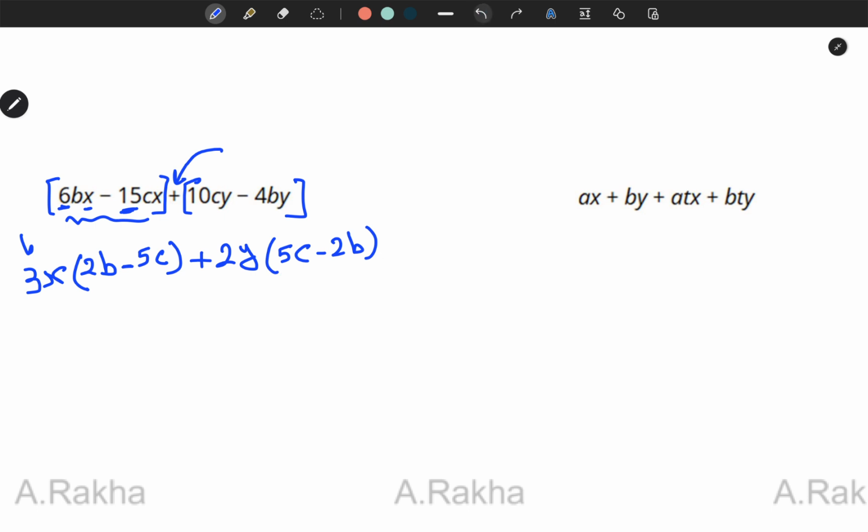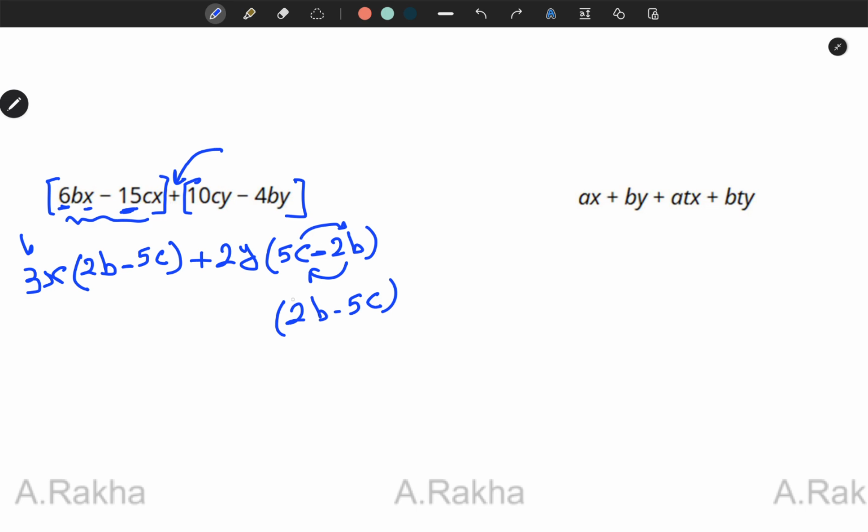But here they are not the same. They are switched with minus. If it's plus, so they are the same, no problem. What are we going to do here? We have to switch these somehow, which means I have to make it 2b minus 5c. And I'm doing this to make it exactly like this one.